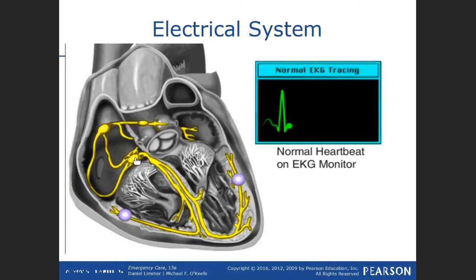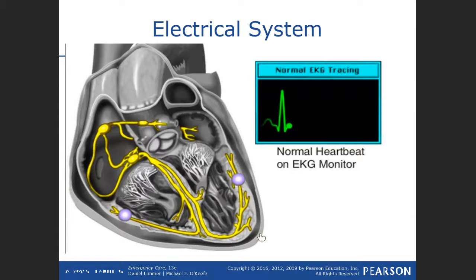And that AV junction pauses that impulse just slightly enough to allow the atria to contract and fill the ventricles without having the atria and ventricles contract at the same time. Then after that pause, that electrical activity is carried down the center wall of the heart between the two ventricles, called the bundle branches, and then up these fibers called the Purkinje fibers, and then causes the ventricles to depolarize and then contract.